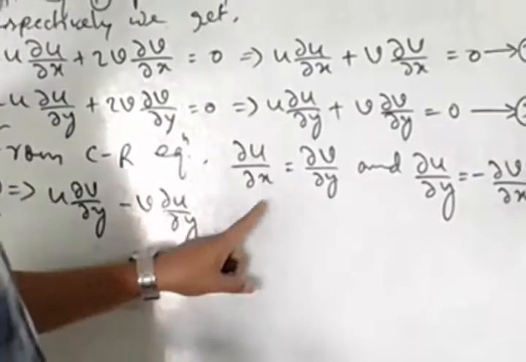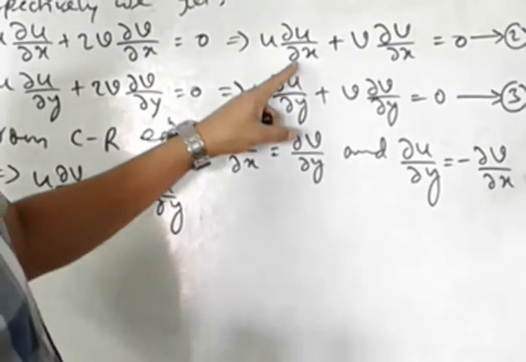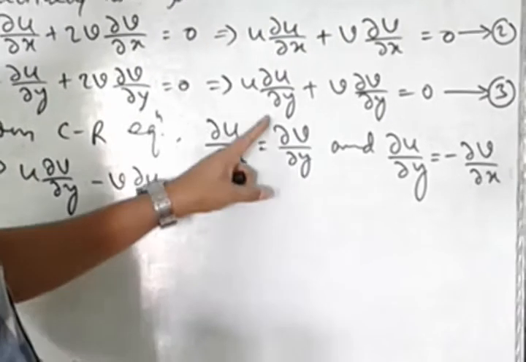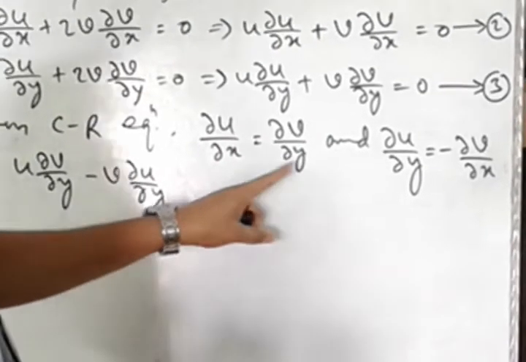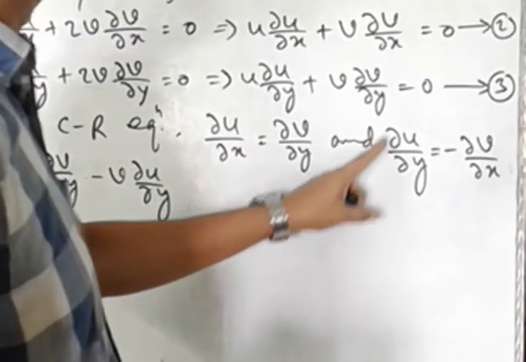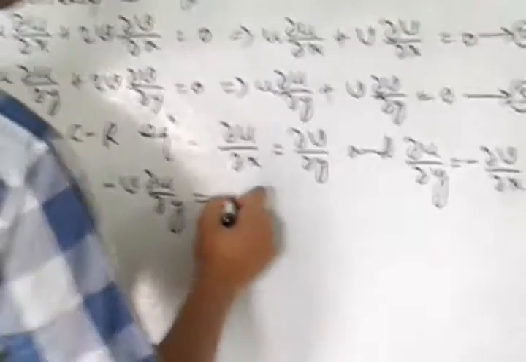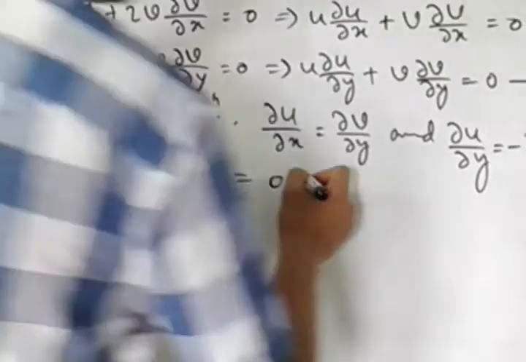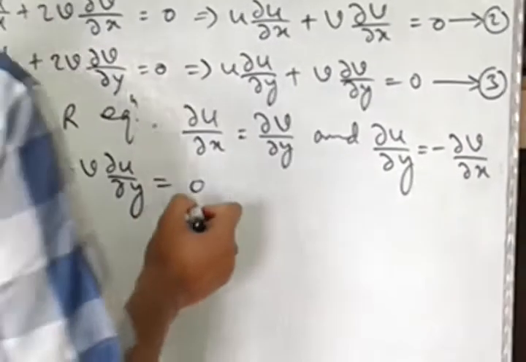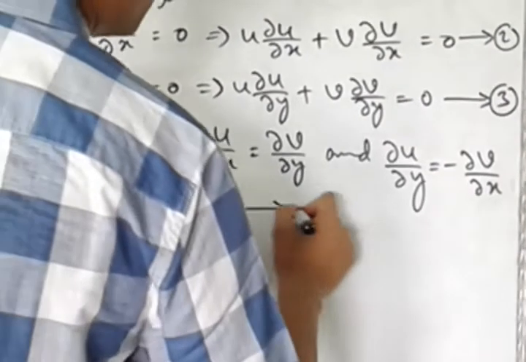You see, del u by del x is replaced by del v by del y, and del v by del x is replaced by minus del u by del y. So this is equal to 0. Let us consider this as equation number 4.